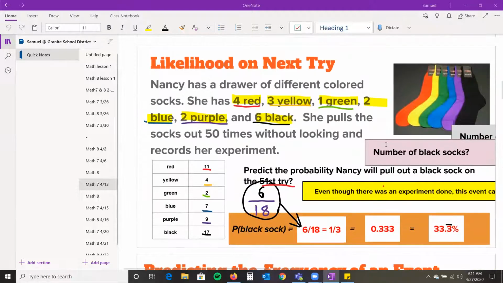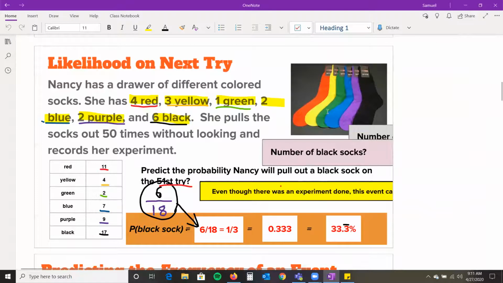We could also have theoretical probability for other events, like on this one here on the screen, where Nancy has got a sock drawer full of socks, right? She has 4 red socks, 3 yellow socks, 1 green, 2 blue, 2 purple, 6 black. So she's got kind of a rainbow of socks, right? We talked about that one.